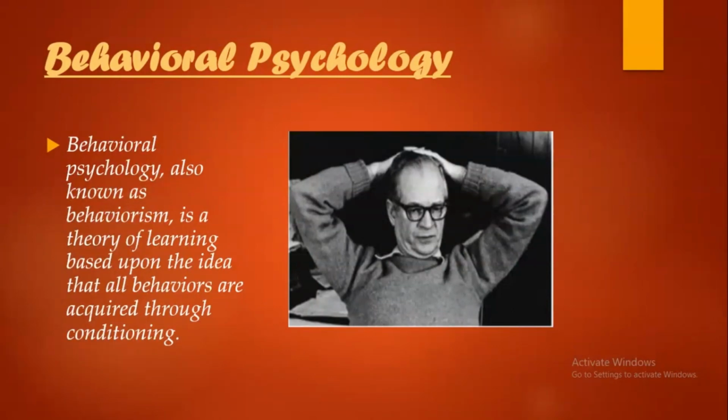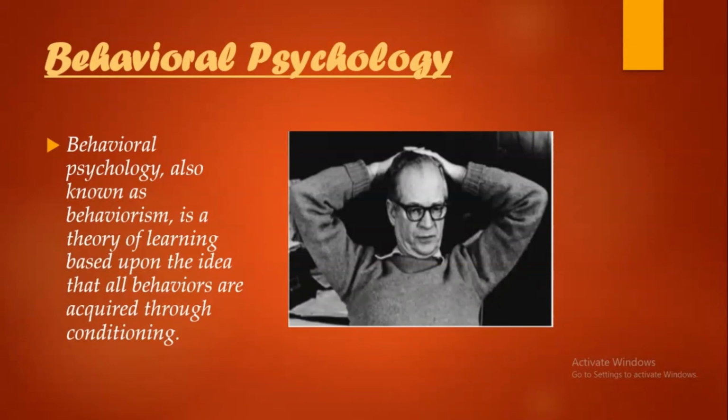It means that all the behaviors that a person acquires are basically the result of either conditioning, punishment, or reinforcement. It means that either there is an association or there is a reward or punishment. So we can learn behavior through these two to three modes.